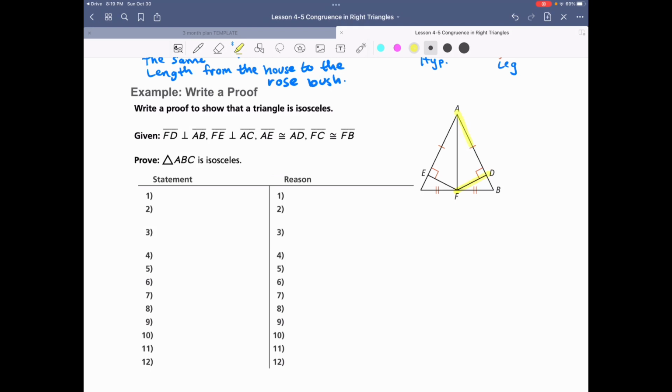FD is perpendicular to AD, and then FE is perpendicular to AC.